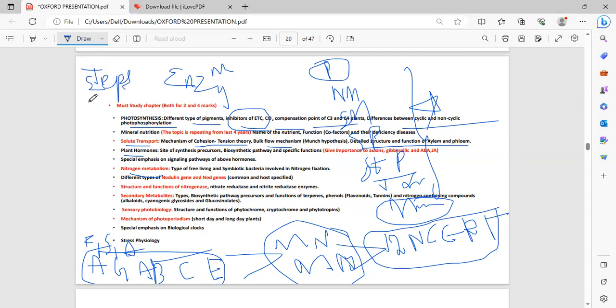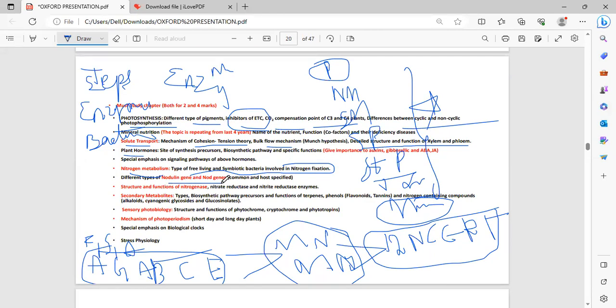After that, what are the enzymes involved? Next, what are the bacteria involved in nitrogen metabolism? Free living and symbiotic bacteria involved in nitrogen fixation.